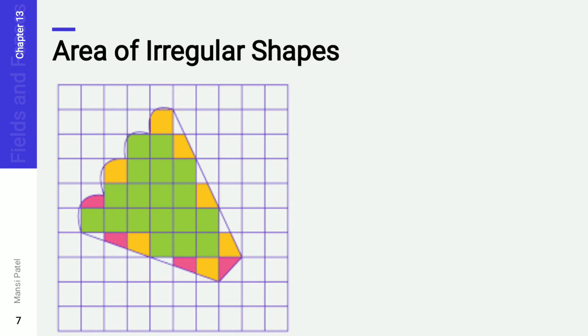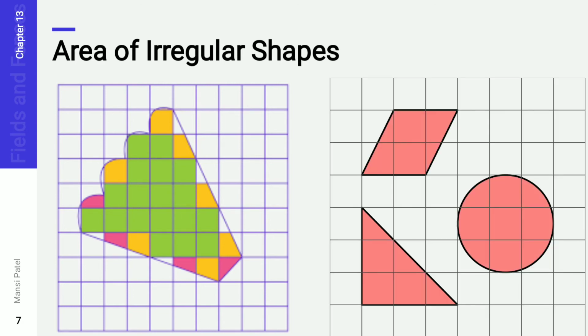You can see here also in this figure, some design occupies the whole square box. Sometimes it occupies less than half, sometimes it occupies more than half. So how do we calculate the area of this type of figure?